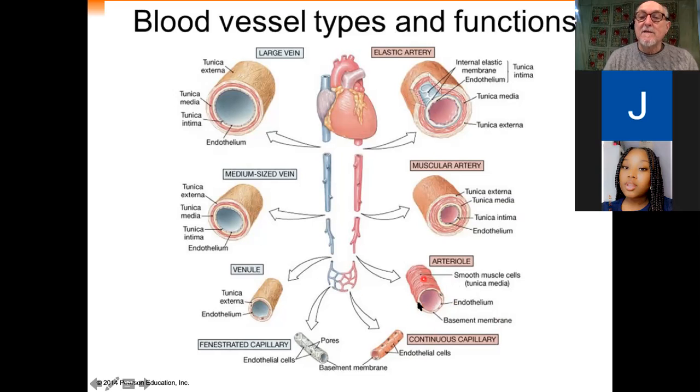It's just got the muscles around it and the endothelium. And then ultimately, these arterioles get even smaller and they form capillaries. And the capillaries lose even the muscles around the outside, and it's just the endothelial cells. And these arterial capillaries join up seamlessly with venous capillaries here.